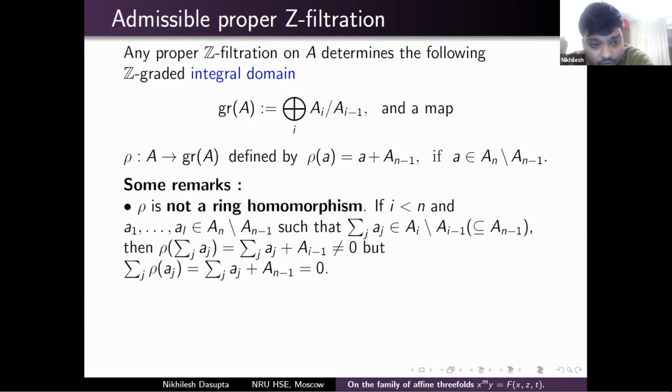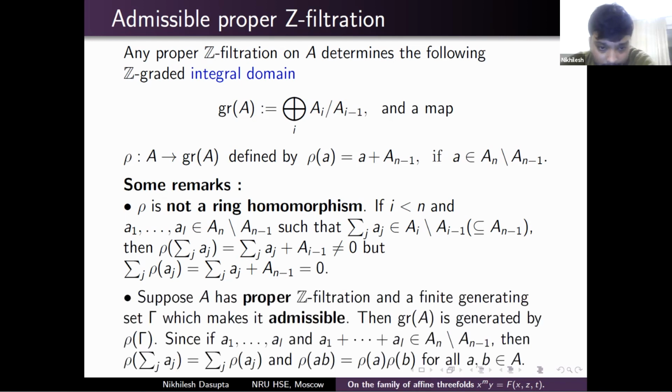But individually, if you do rho of a_j, each a_j is contained in A_n, and A_{n-1} has to contain A_i because i is strictly less than n. So the summation of rho of a_j is 0, but rho of the summation of a_j is not. So the additive property is not preserved.